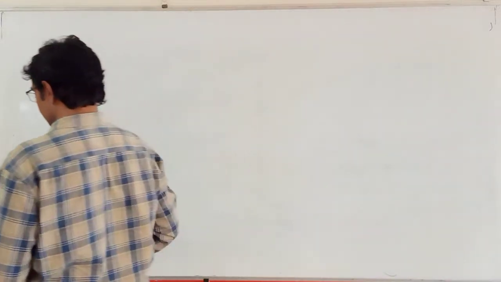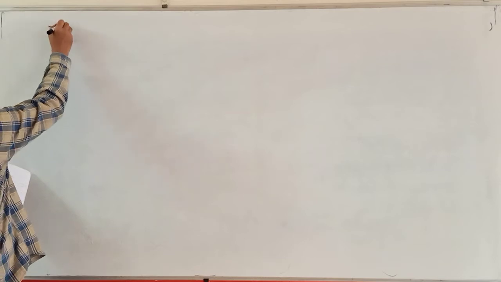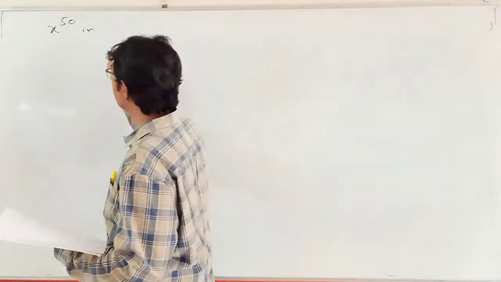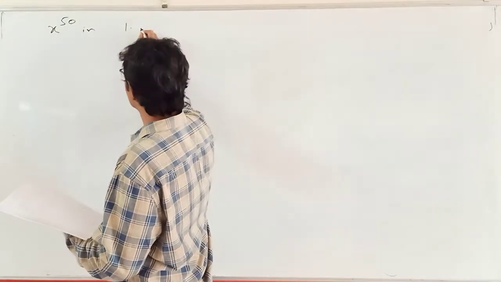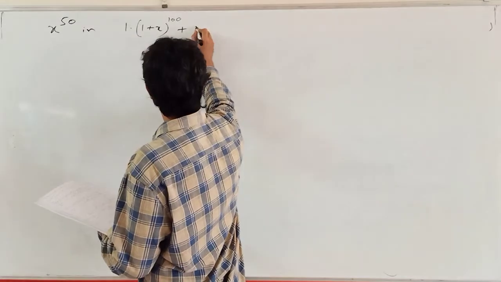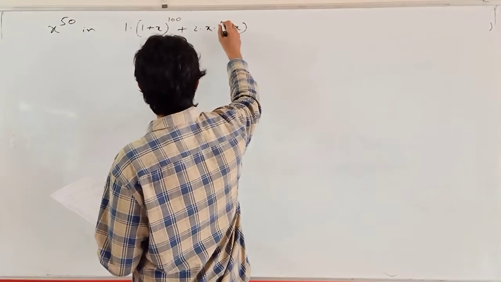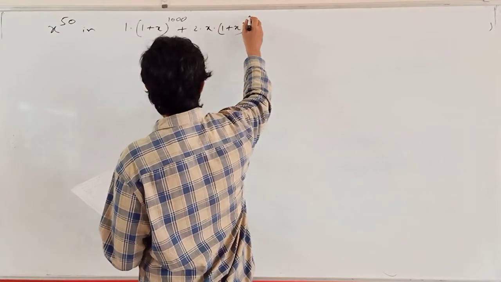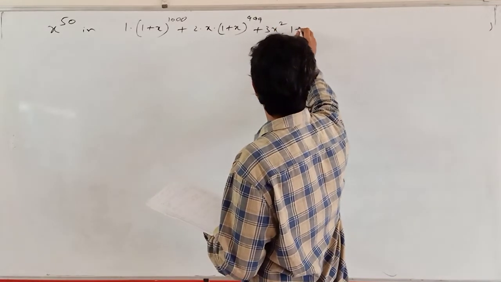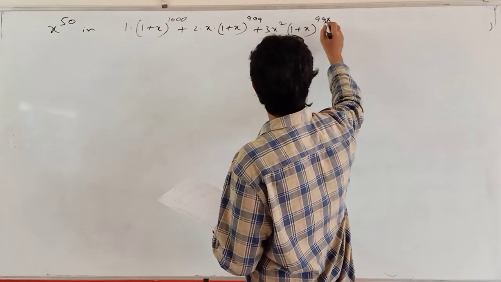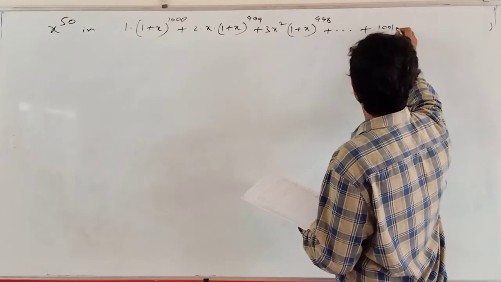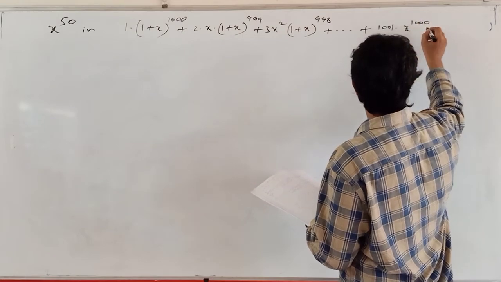Second example: the coefficient of x power 50 in the expansion of the expression 1 into (1 plus x) whole power 1000 plus 2x into (1 plus x) whole power 999 plus 3x squared into (1 plus x) whole power 998 and so on, up to 1001 into x power 1000. Okay.